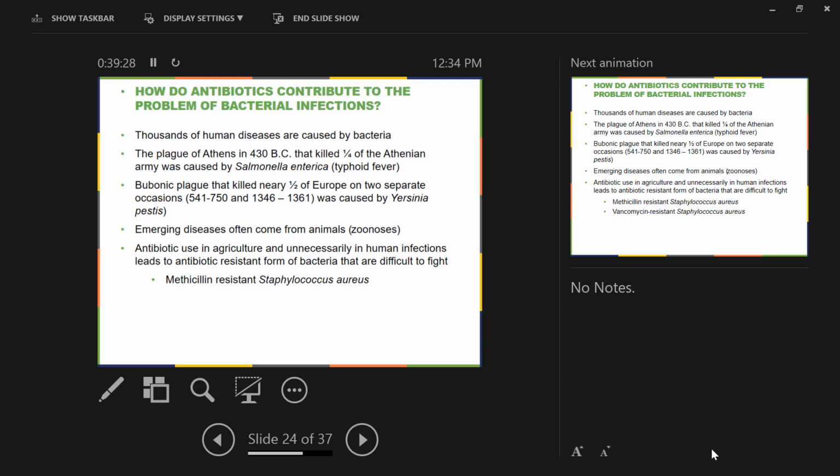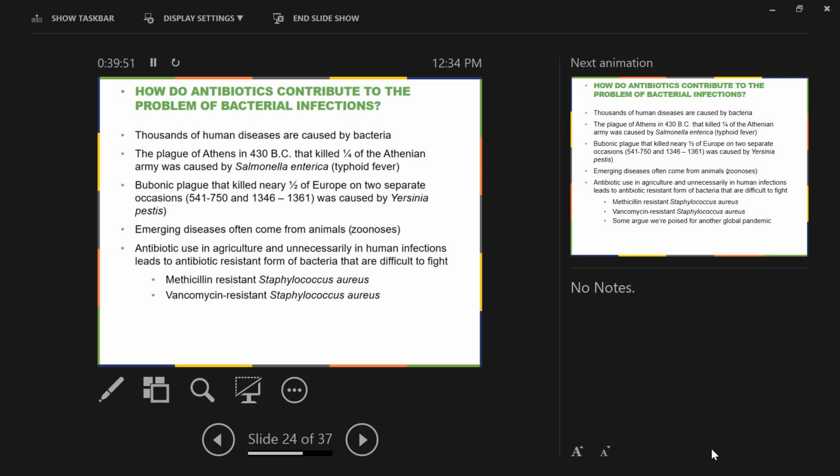well known and well studied of all the antibiotic resistant bacteria. Vancomycin resistant Staphylococcus aureus, VRSA. Sometimes this is vancomycin intermediate, so that it's VISA, right? Because VISA sounds better than VRSA. Right, Versa, that's a cheap car that Nissan makes, but Visa, that's a credit card, right?